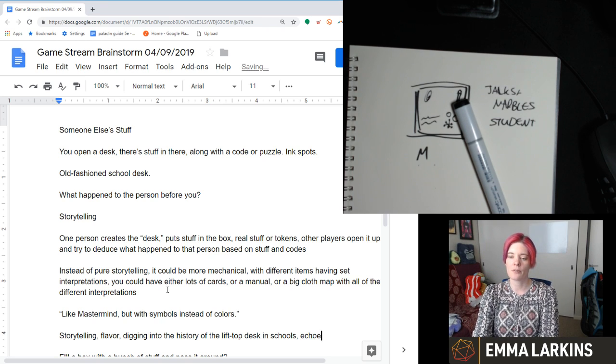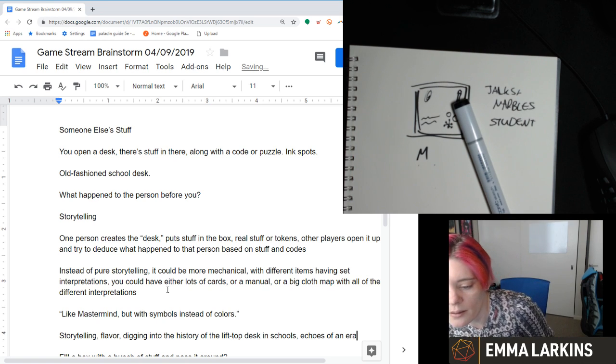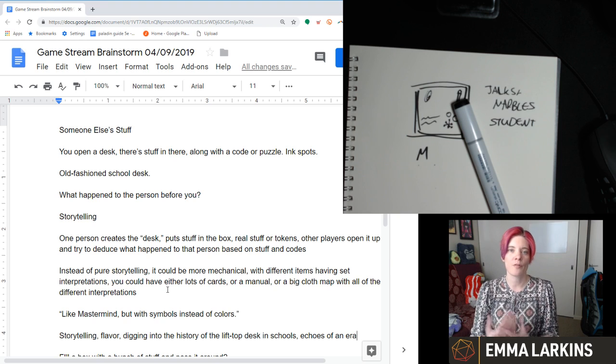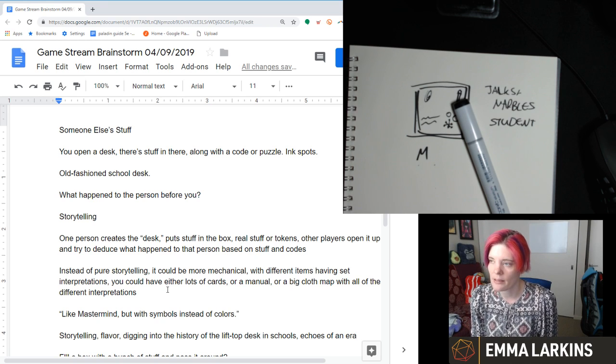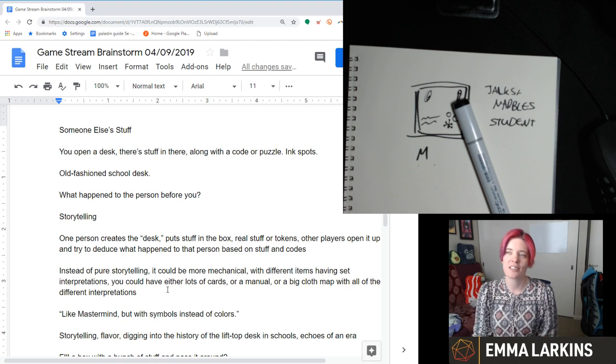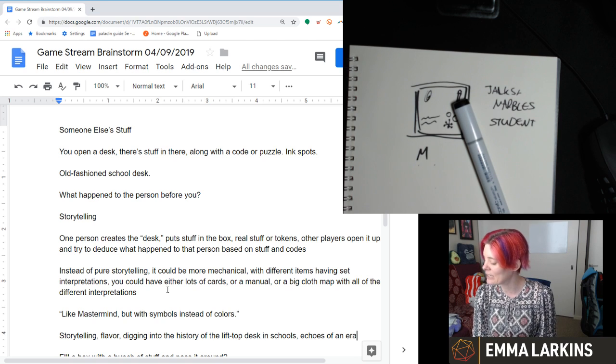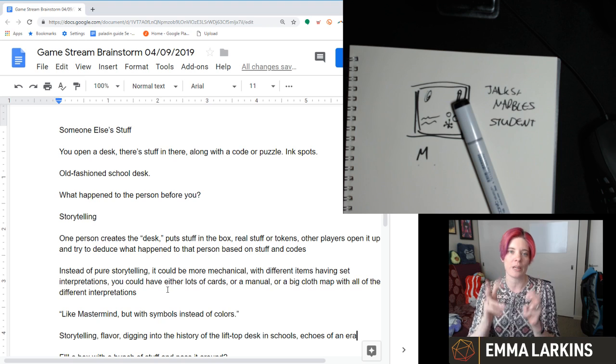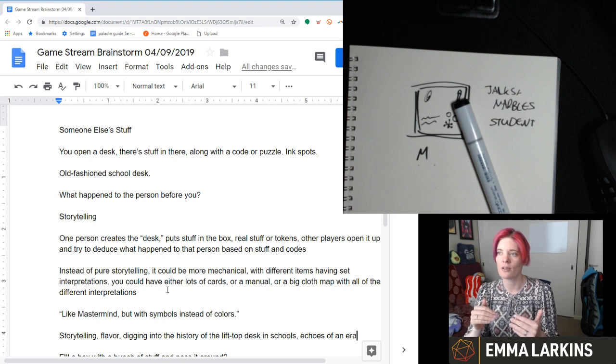Reverberations, or like echoes of an era. So even if it does become more of a mechanical code decoding game, I like the idea that you'll embellish it. You'll be able to win by coming up with the particular words.